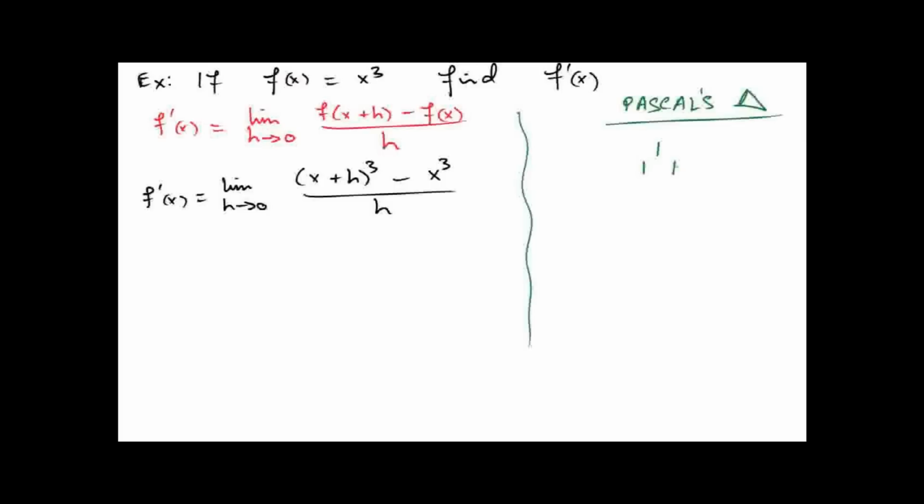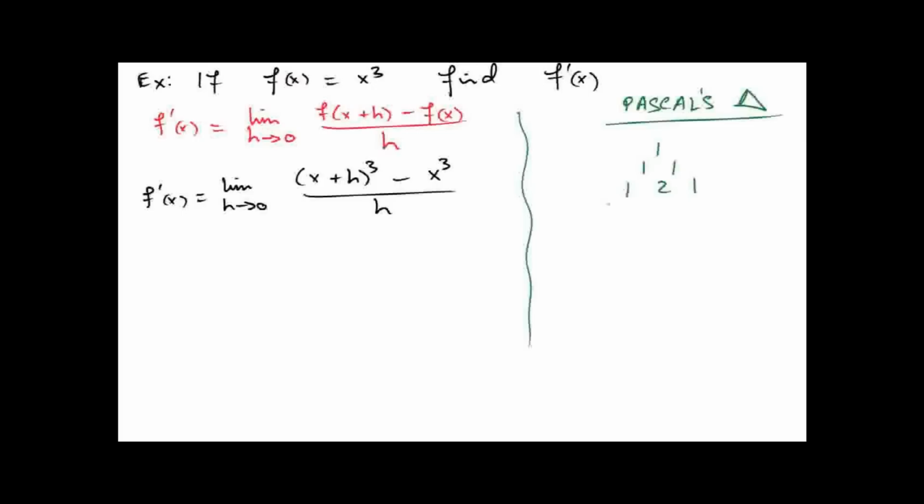Okay? So we continue with a 1 here and a 1 here. Now the question is, what number do we put in here? 2. Where do you get 2 from? The 2 numbers above it, this number here and this number here, you add them together, and that gives you a 2.